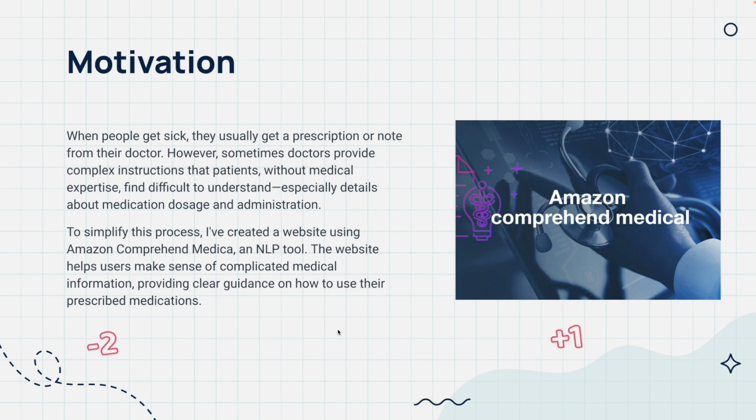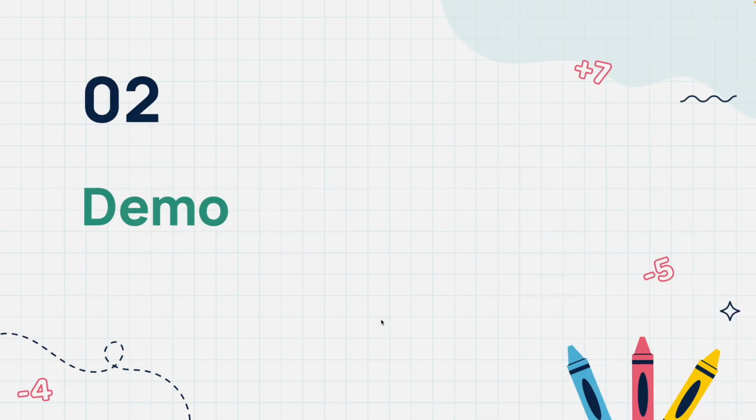So that's why I want to simplify this process. I've created this website using Amazon Comprehend Medical, which is an NLP tool. The website helps users make sense of complicated medical information, providing more clear guidance.